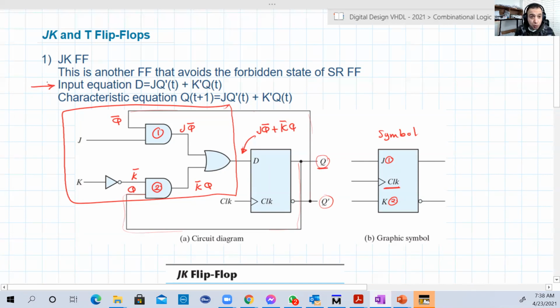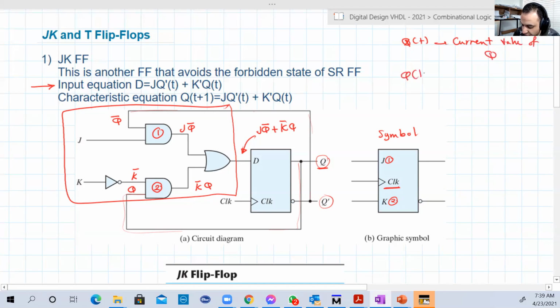And when I say Q without mentioning the time, that means the current state. So we have here two symbols that we should know. When I say something of t, like x of t, for example, or q of t, whatever, let's make it q, because we're going to use q all the time. This means the current value of q.